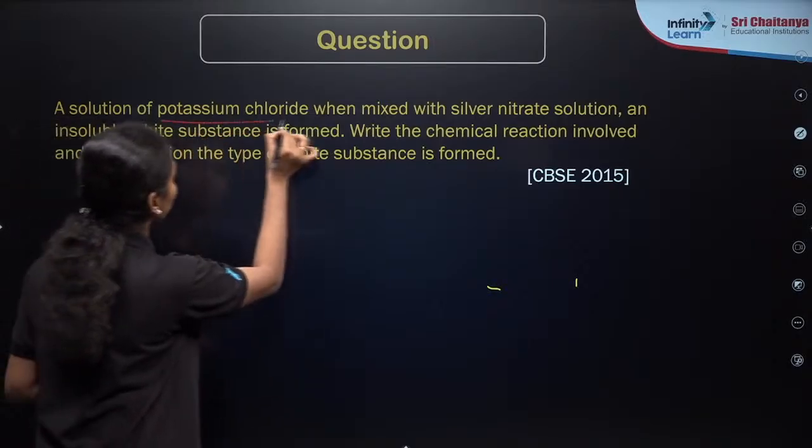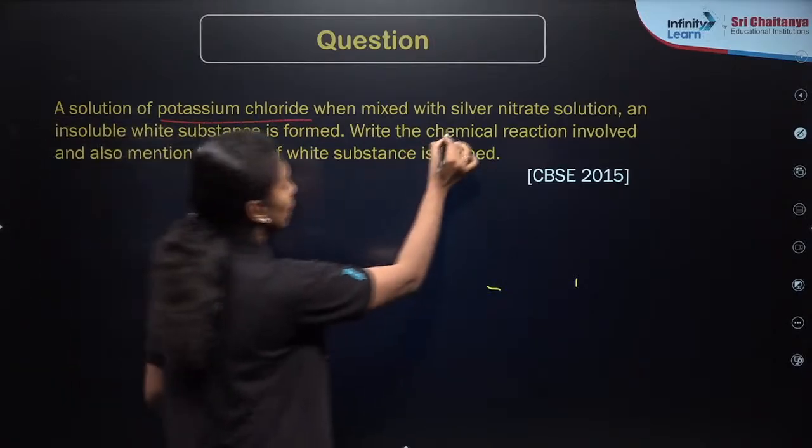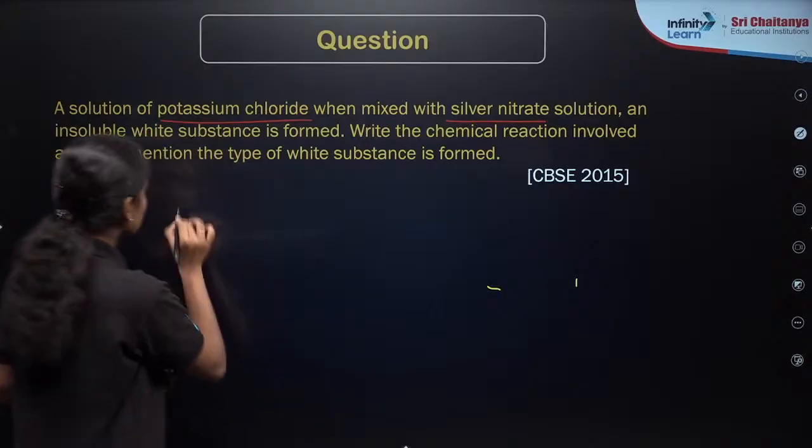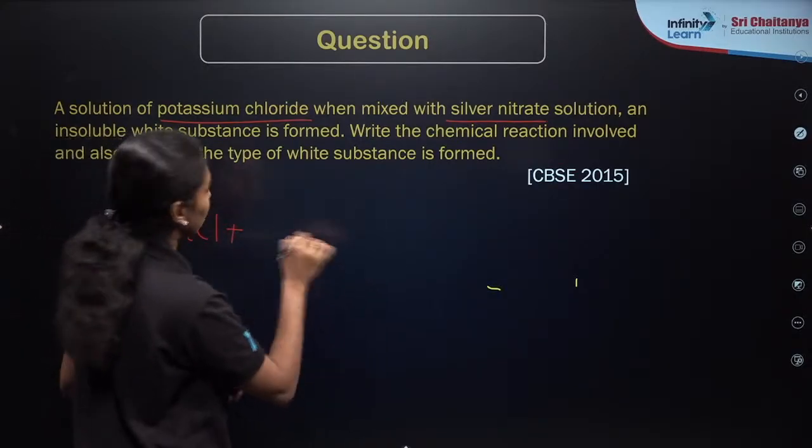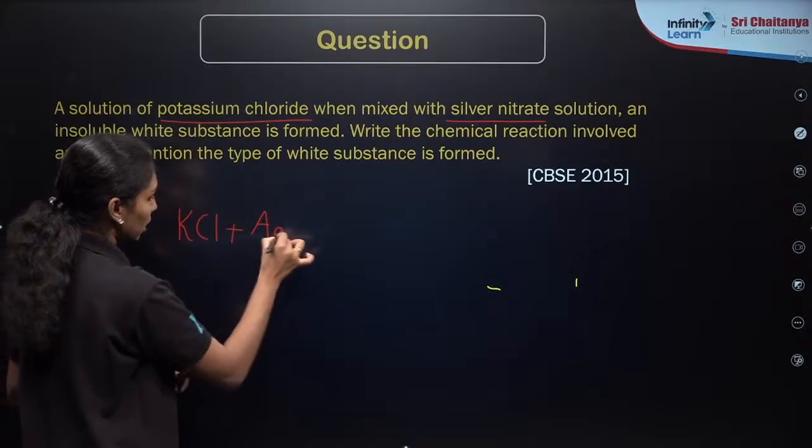So we will be treating potassium chloride with silver nitrate, right? Potassium chloride means KCl plus silver nitrate. Silver nitrate means AgNO3.